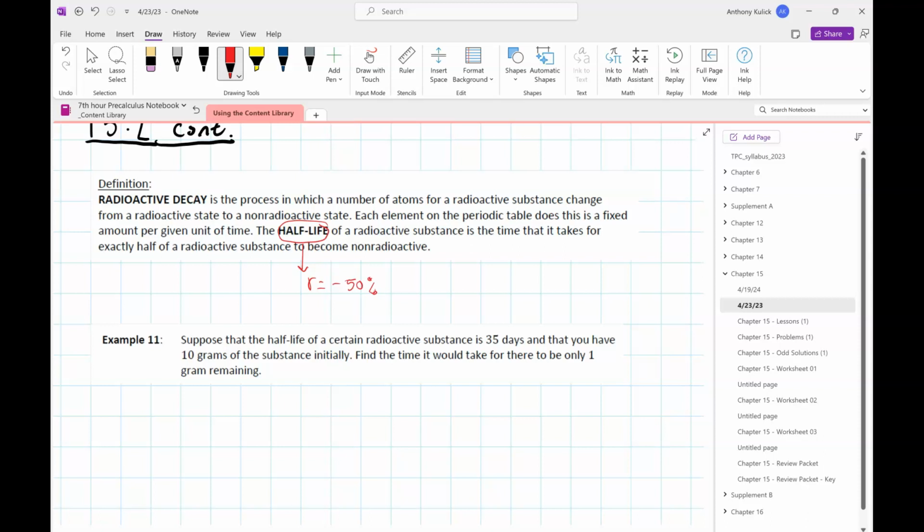So if we go back and we use our population model for exponentials, we have something that looks like this. The P naught is the initial amount. So that's 10. Because it's a half-life, we know R is negative 50.